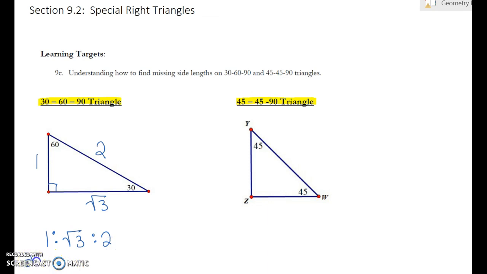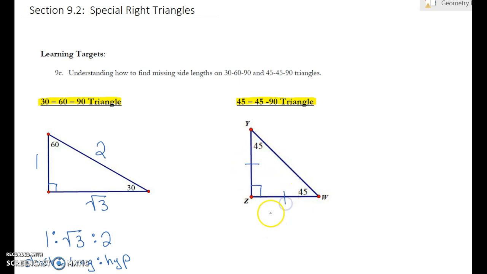And so this is short, long, and then the height. And so even if a triangle gets bigger or smaller, the ratios of those sides are 1, square root of 3, and 2.